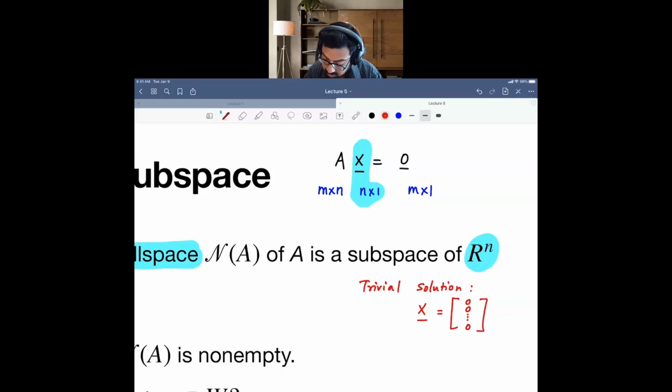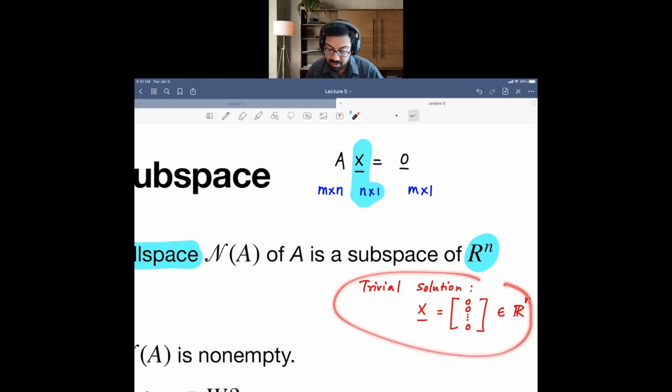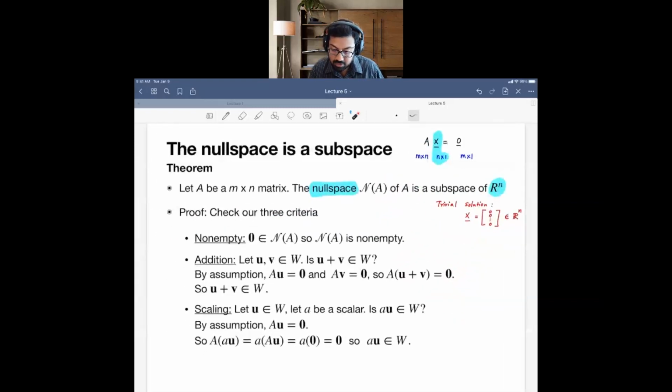And this is belonging to R to the n. So it has n zeros. So this is the trivial solution. This will definitely satisfy this. That means this is going to be in the subspace. So a vector of zeros is going to belong to the null space, which means that the null space is going to be non-empty because of this. Satisfies that, right?